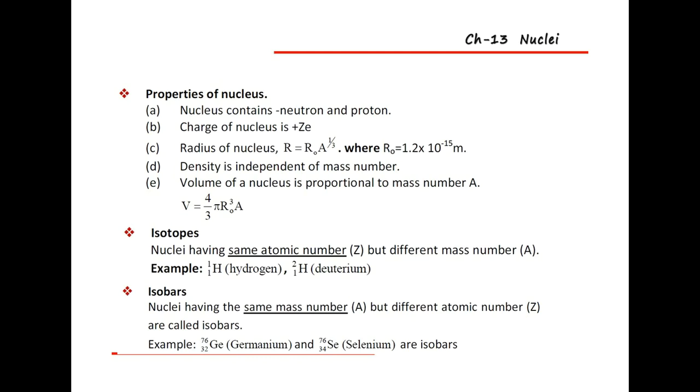Next is the radius of nucleus. R is equal to R naught A raised to 1 by 3, where R naught is 1.2 into 10 raised to minus 15 meter.